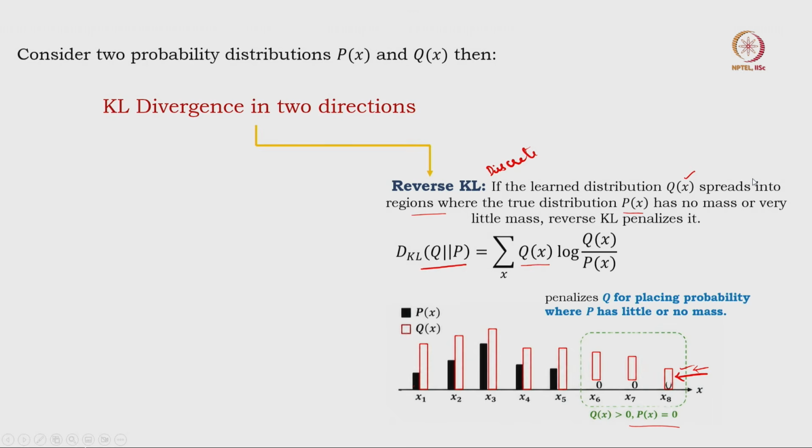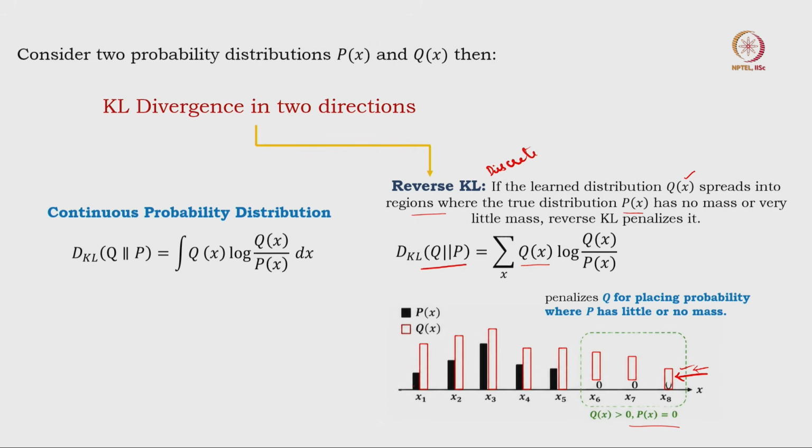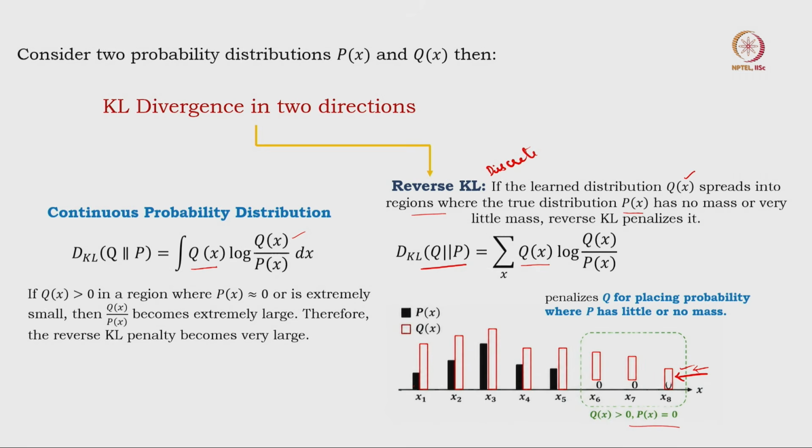This is for discrete. So if it is continuous, how does it look? For a continuous, the formula is an integral: integral Q of x log Q of x divided by P of x dx. Now if you have to look into this more mathematically, what exactly is happening? Here P of x value is 0 or closer to 0.